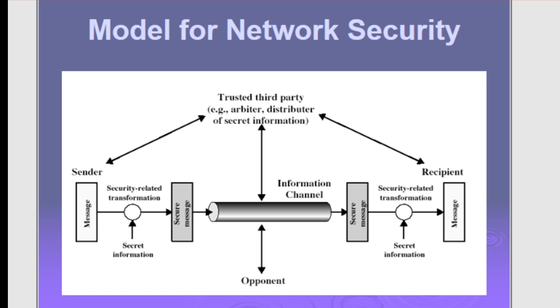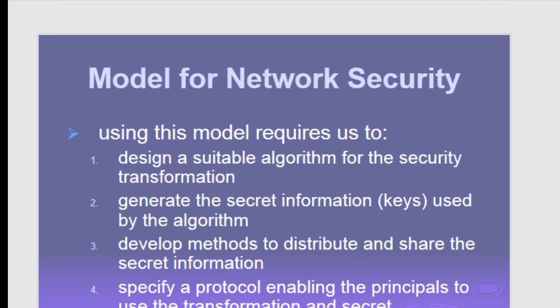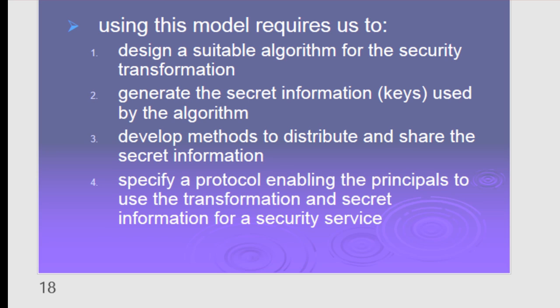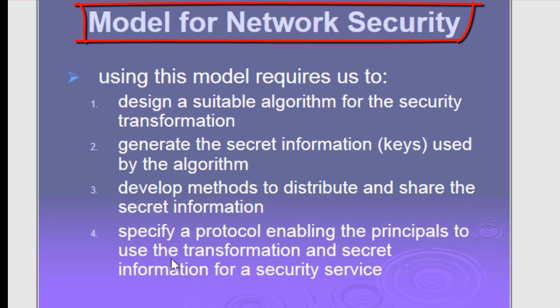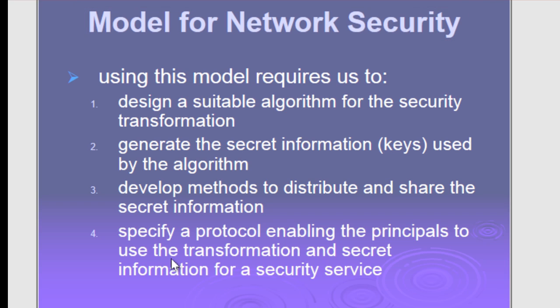Next, go to the next slide. Let us see the explanation for network security. What are the requirements for providing network security? First of all, you have to design a suitable algorithm for the secure transformation.